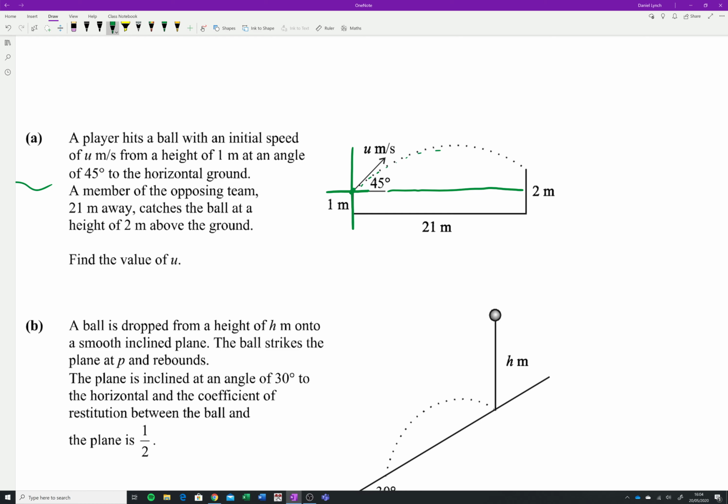It's going to trace out all the way across there, and it's going to land in the person's hand such that it is 1 meter up. Obviously it was 2 to go from there to there, but we've moved everything up a meter. I think it's just easier. It's still 21 here, so I don't see any reason why we shouldn't do that. It's just an easier way to think about it.